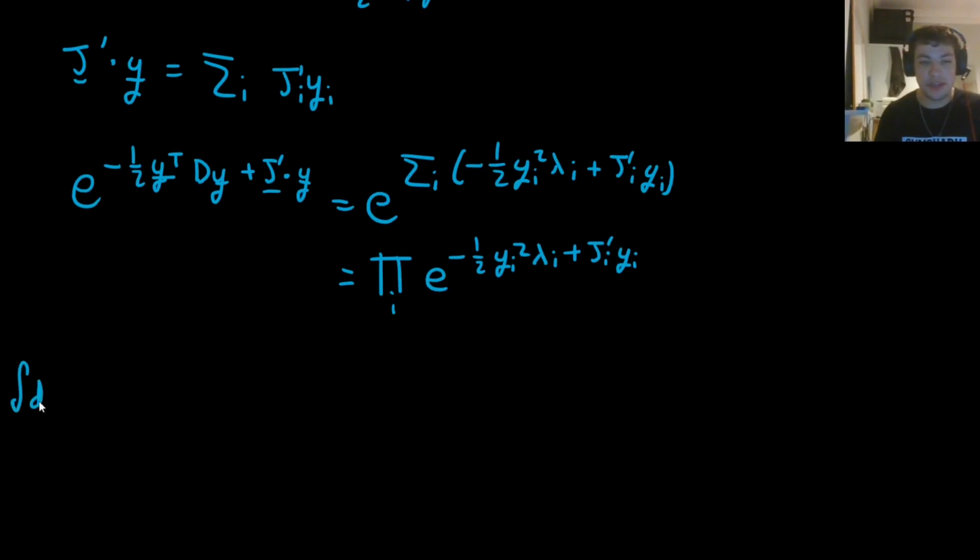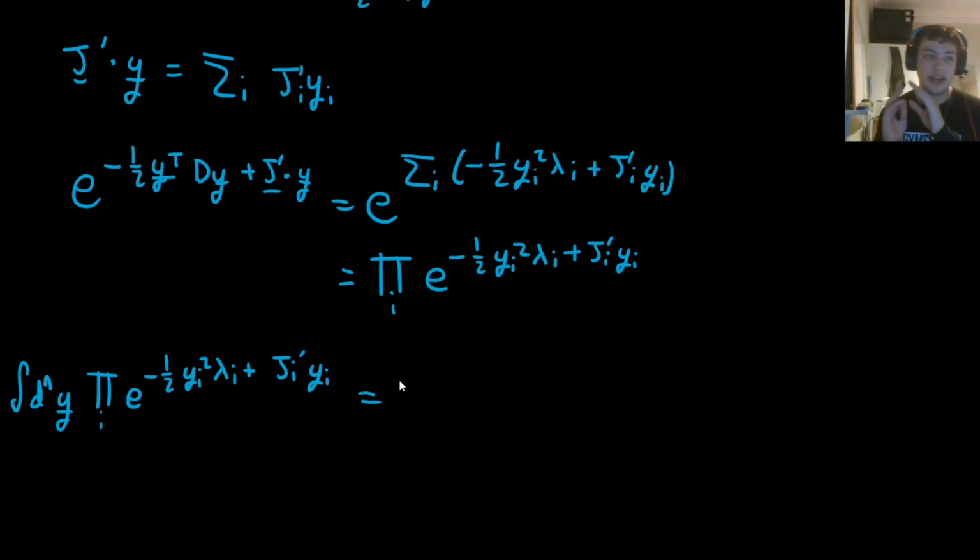So now we can split up our integral as well. We got d^n y of the product over the i's, e to the negative half yi squared lambda i plus j primed i yi. Well, we can take that product and swap it with the integral sign, so this is now the product of those n integrals.